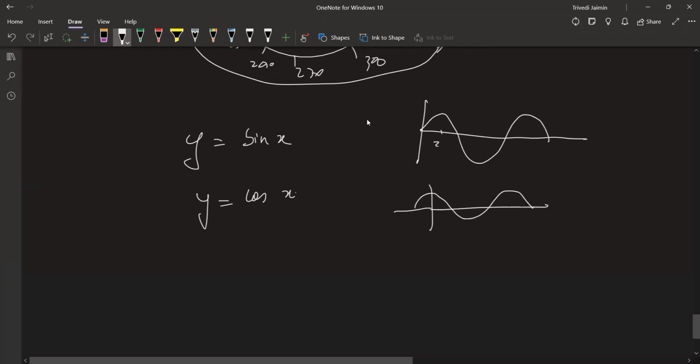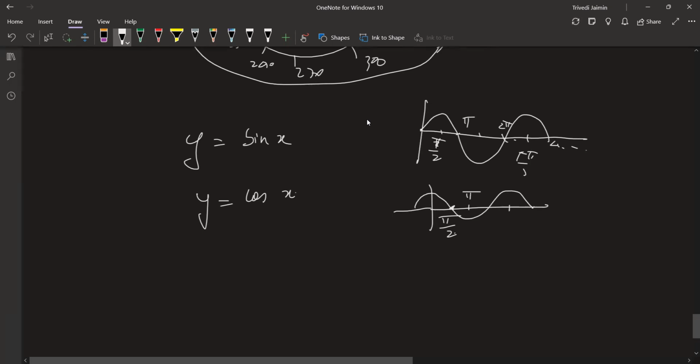This is pi by 2, and this will be pi. And so on: 3 pi by 2 and 2 pi. This will be 5 pi by 2, and so on. 4 pi. Same goes for here. It will be pi by 2. And this is pi.